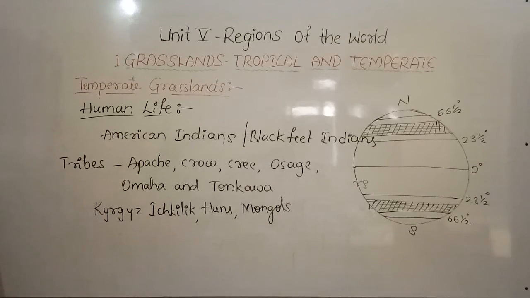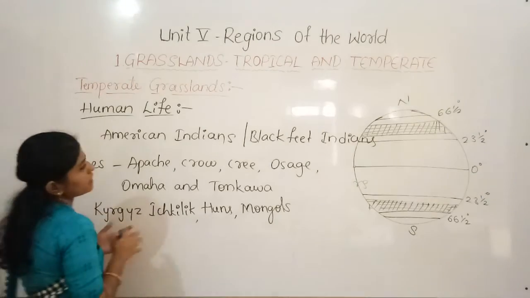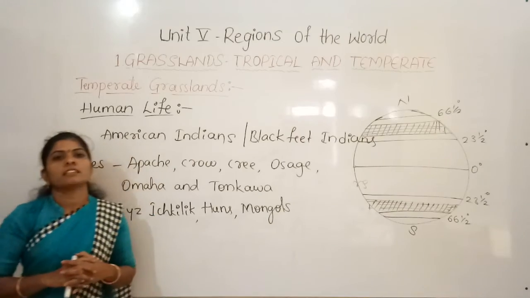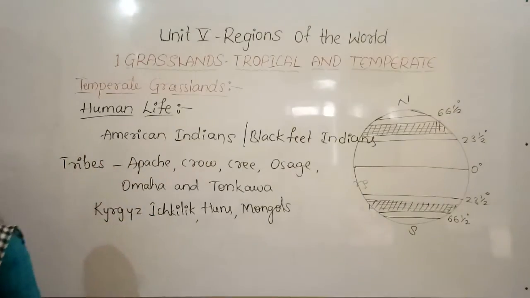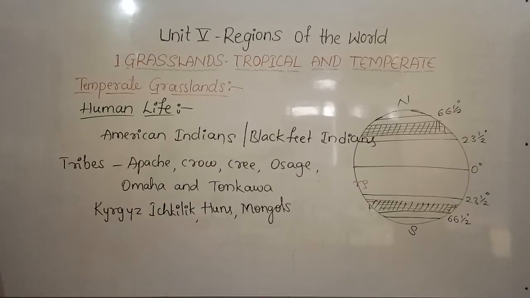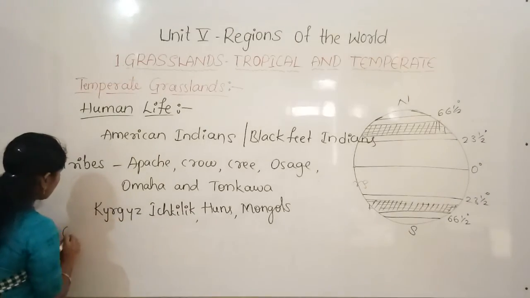Also, the rich soil and the climatic conditions of the temperate grasslands support the growth of cereals such as maize, corn, barley, wheat, and oats.